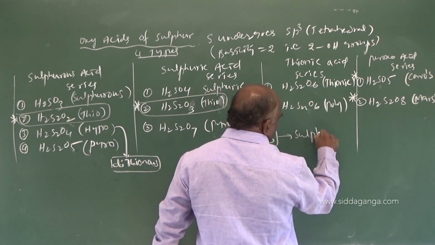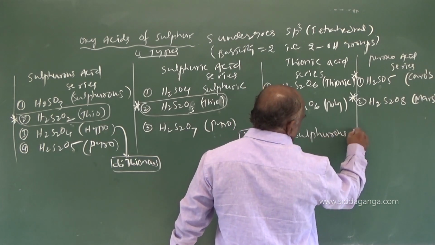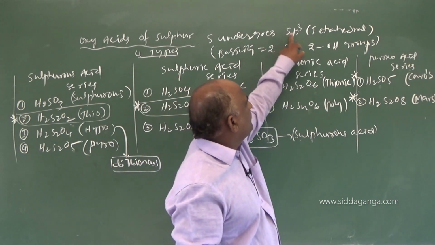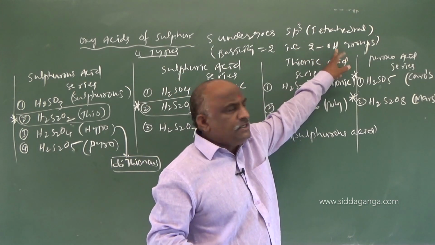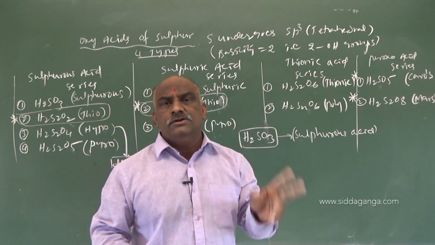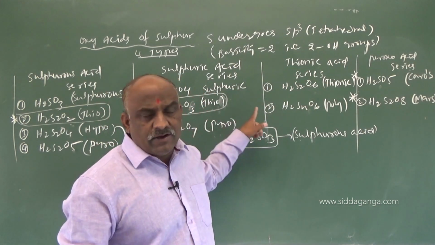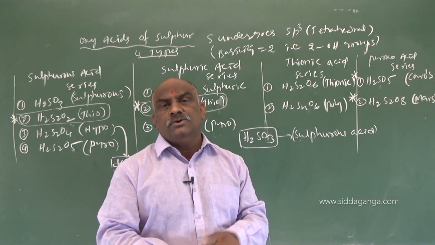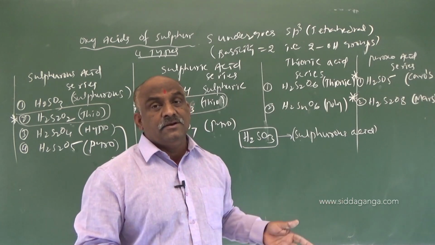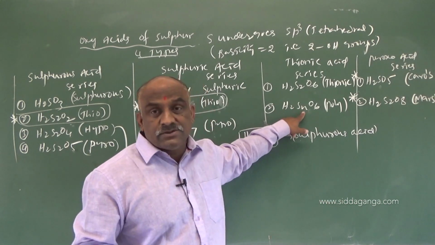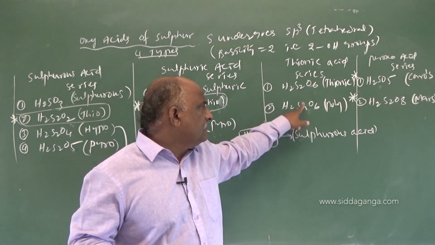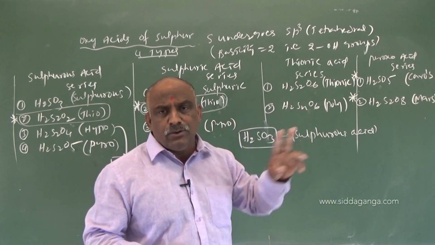How to draw the structure of sulfurous acid? Already we know that 2 OH groups are present. Any structure you consider, 2 OH groups. If sulfur atoms are more than 1, you distribute 1 OH group to each sulfur. If sulfur atoms are more than that, like 5, 6, then you should add sulfur-to-sulfur bonds.